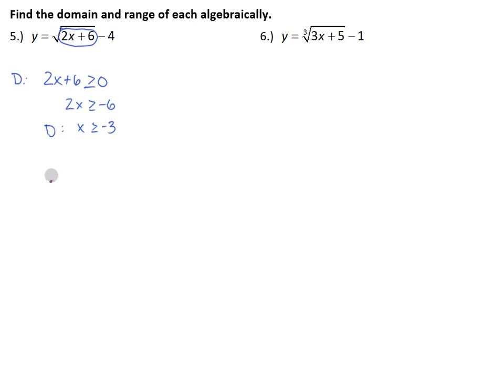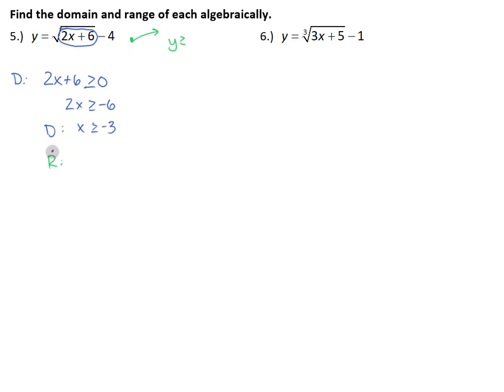Now, if I wanted to find my range, what we would do, of course, is plug in that smallest value for x, -3, into the equation. Okay, so since we know our a value here is 1, we know that this square root graph is opening upwards and not upside down. So my y values will have to be greater than or equal to that y value of our critical point.